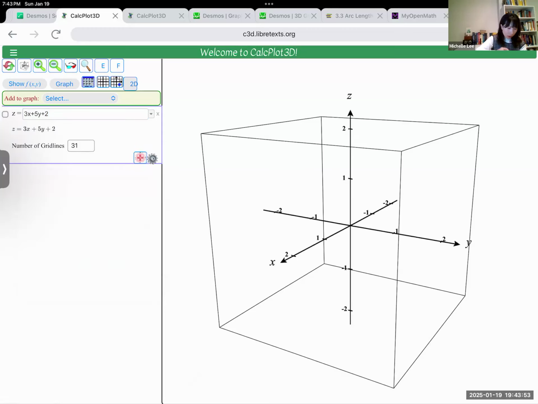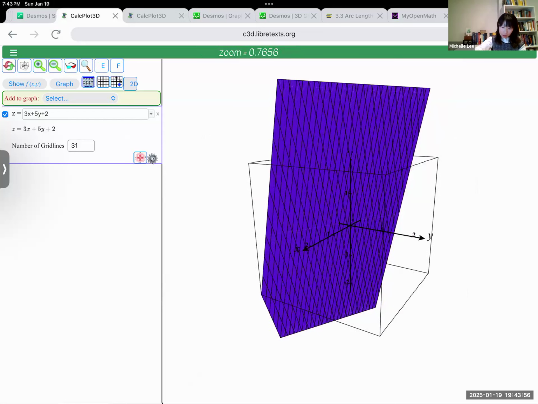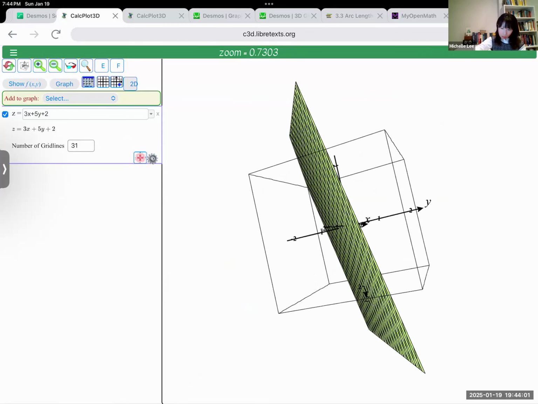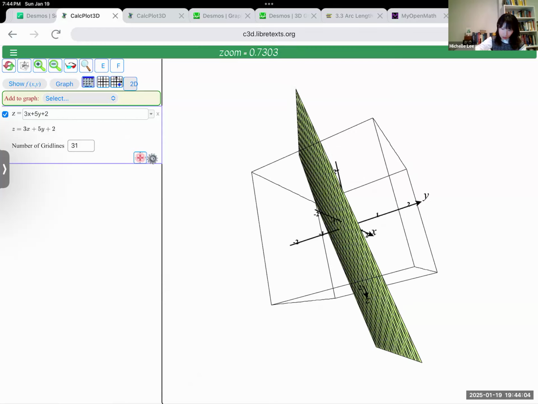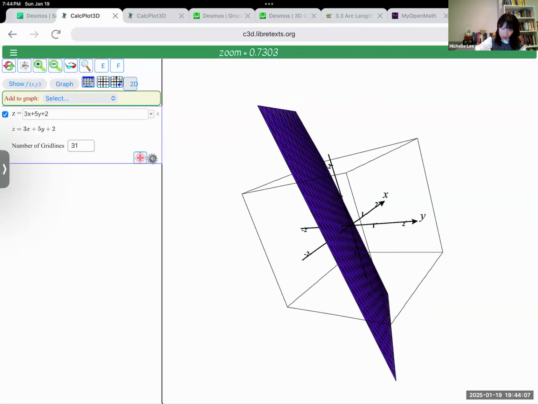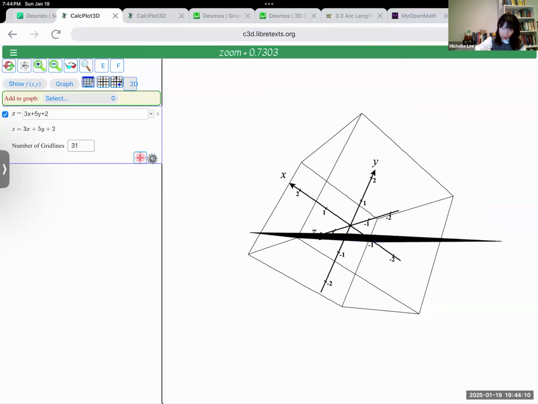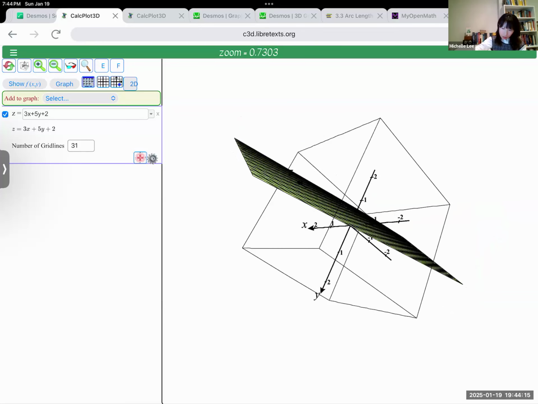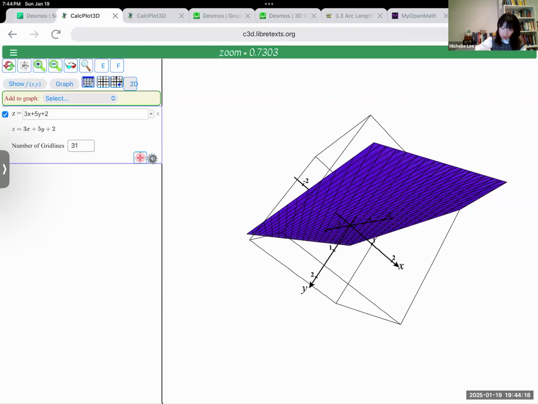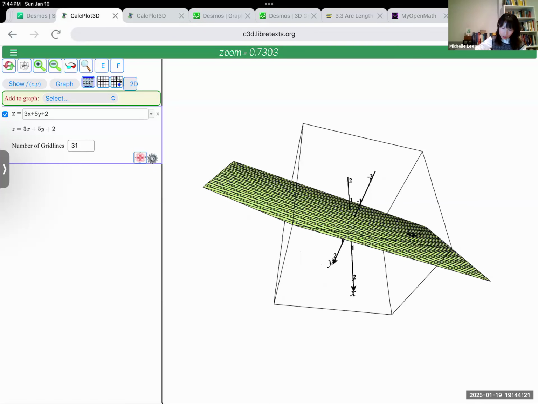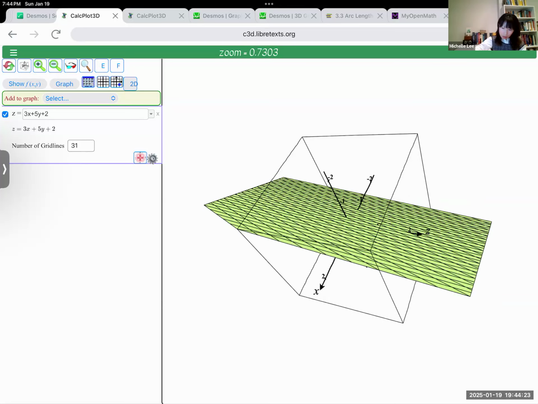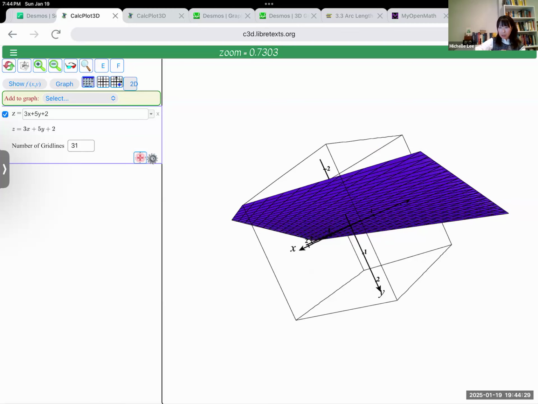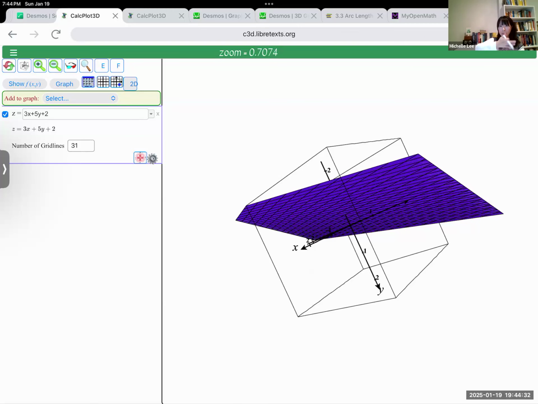Oh, can you see? This is the plane. That is what I tried to do, z is on the top, and then x and y.